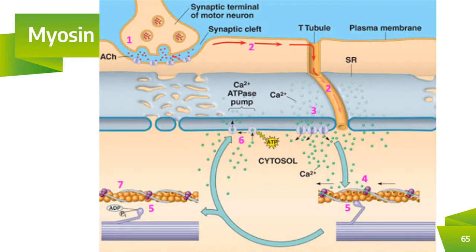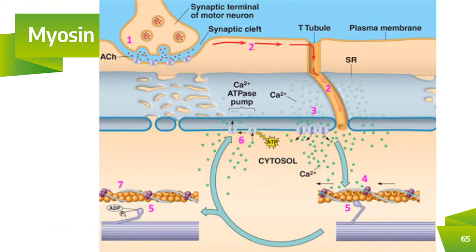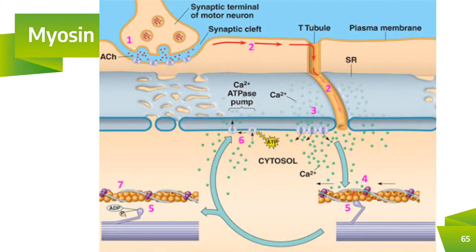This signal is then translated into a calcium signal, right? So calcium is actually the molecule that regulates if the myosin can bind to the actin. Because something I haven't talked about so far is it's not only actin, there's also something called troponin. You can see that here in purple, right? Troponin without calcium does not allow the myosin to bind to the actin.